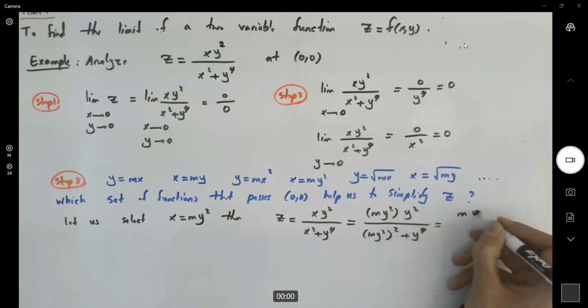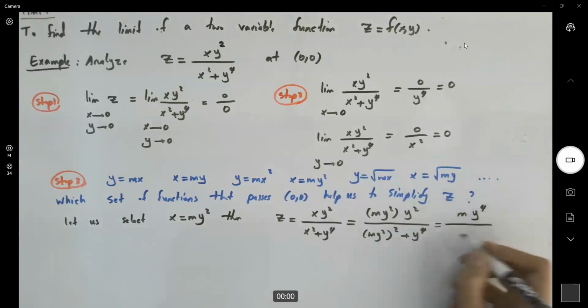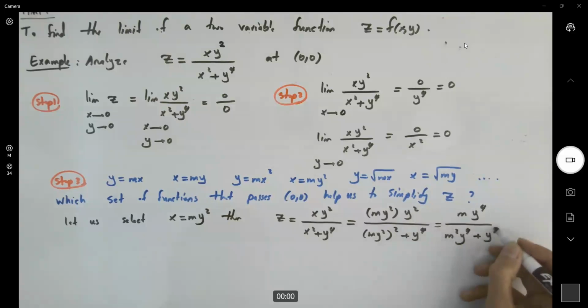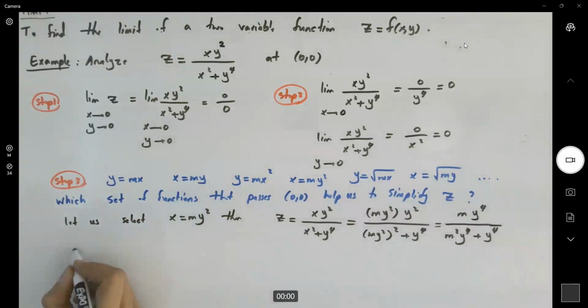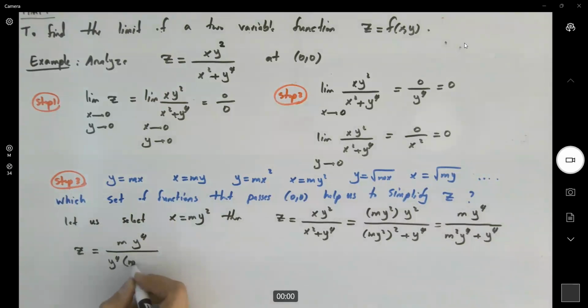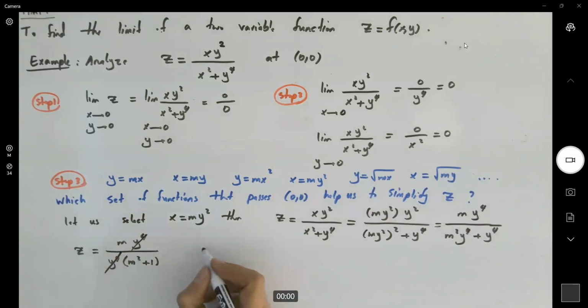So here you have m y to the fourth divided by m squared y to the fourth plus y to the fourth. So my function z becomes m y to the fourth divided by y to the fourth times m squared plus 1. I can cancel out y to the fourth, y to the fourth. So my z after simplification depends on m.